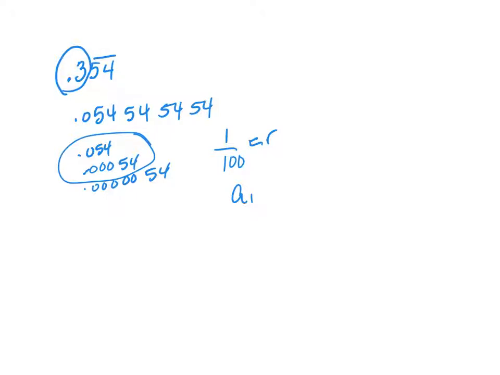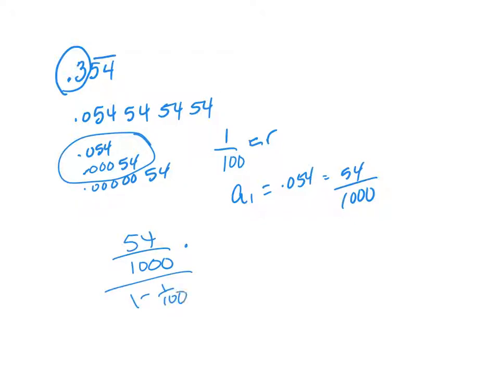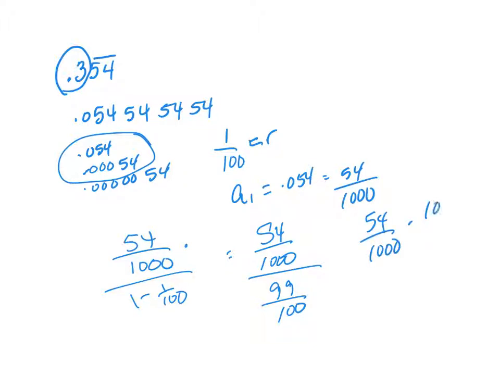A1, without the 0.3, we're not thinking about him, is 0.054, which is 54 over 1,000. So we have 54 over 1,000 over 1 minus 1 over 100, which is 54 over 1,000 divided by 99 over 100, which is 54 over 1,000 times 100 over 99.